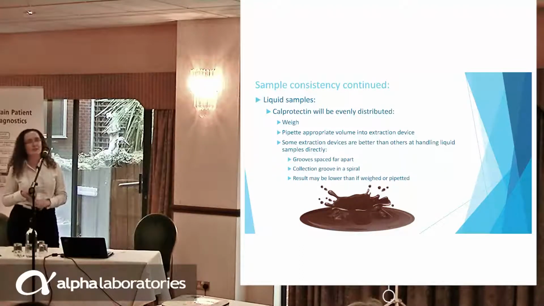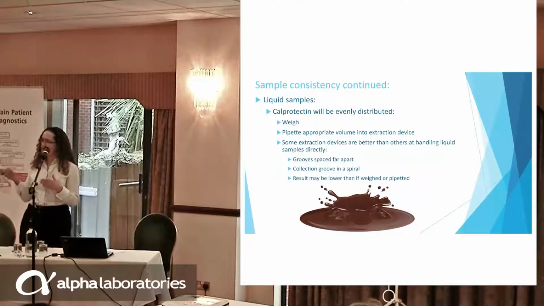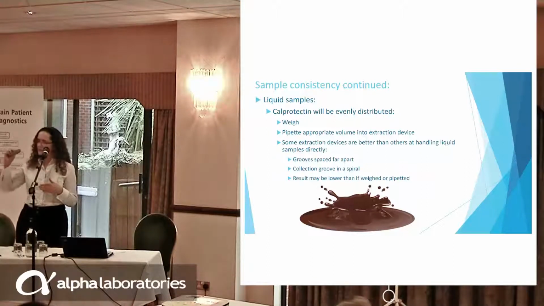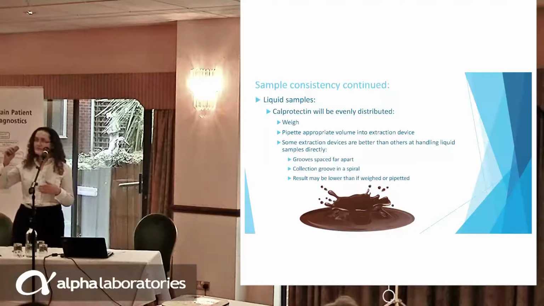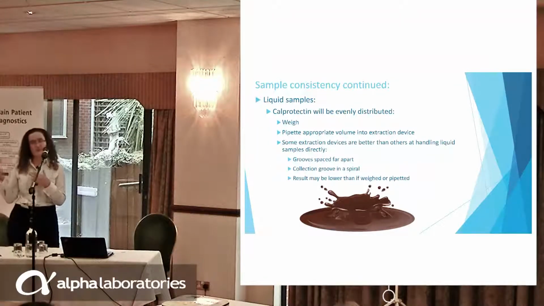Be aware that the extraction devices don't all cope with being used in that way in the same manner. Some of them, because the grooves are quite close together, the surface tension will hold the liquid fairly well, and that's why you get a good correlation. But some of the extraction devices have the grooves spaced well apart, and those are going to be fairly poor if you use them in that way.